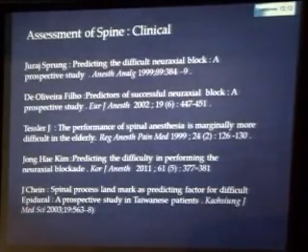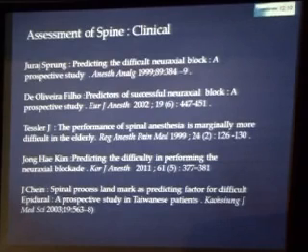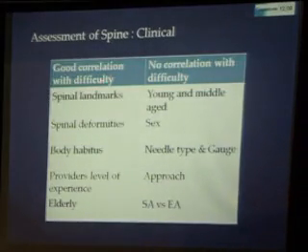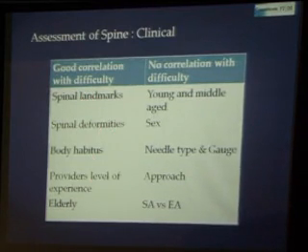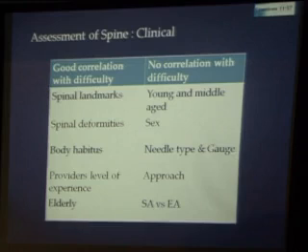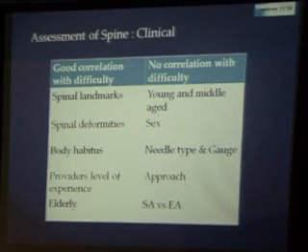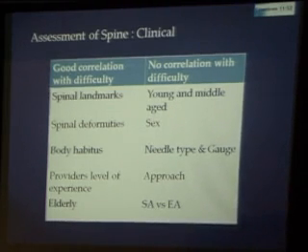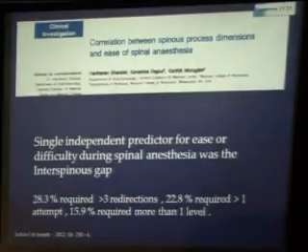Now, summarizing all the clinical studies, how can we identify a difficult spine? The most important is the spinal landmarks. Next come the spinal deformities, the body habitus, the provider's level of experience, and elderly patients. Needle type or approach, whether it is spinal or an epidural, doesn't make a difference.